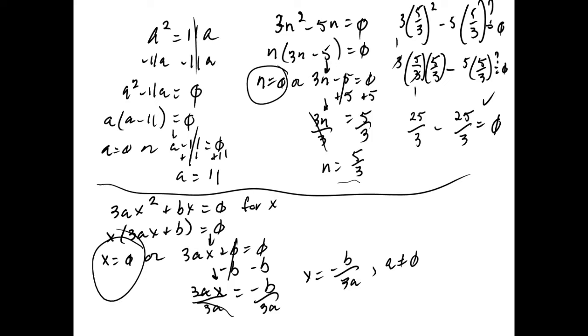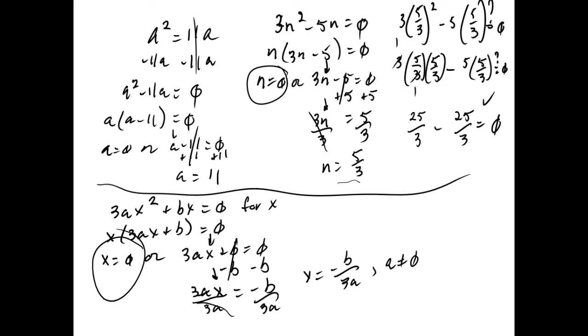So let me ask you a question. At the beginning, like in the book, you got 3ax squared plus bx equals 0. Okay, I said a is not equal to 0. How do I know that? Because x would be minus b over 3a.